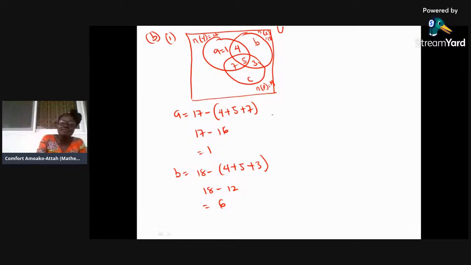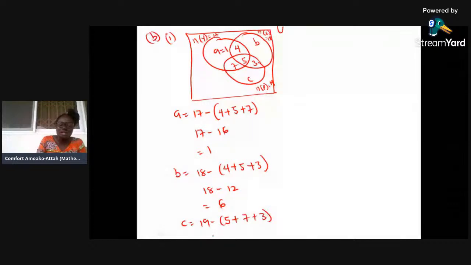Then C to be 19 minus (5 plus 7 plus 3), so 19 minus 15. That is giving us 4. So we have our B to be 6 and our C to be 4.